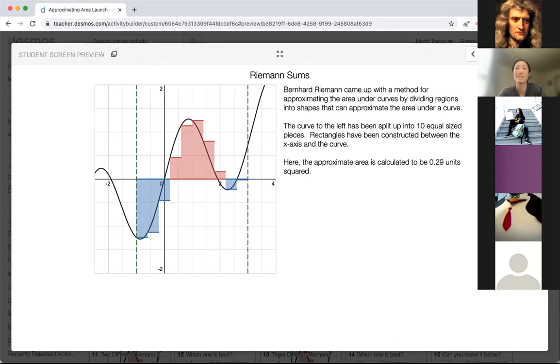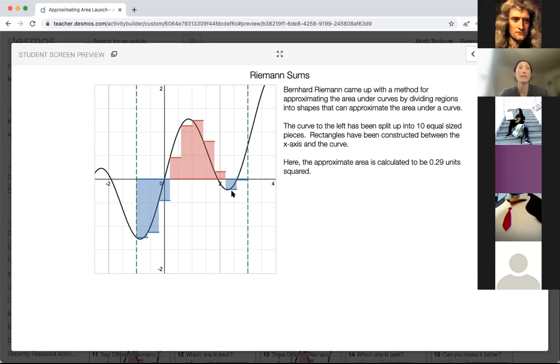The y-axis tells you about the height of each rectangle. All right, so Riemann sum is just a fancy name for saying take this region, divide it into a bunch of rectangles, and use those rectangles, which we know the area of a rectangle is base times height, use that idea to find the area, okay?